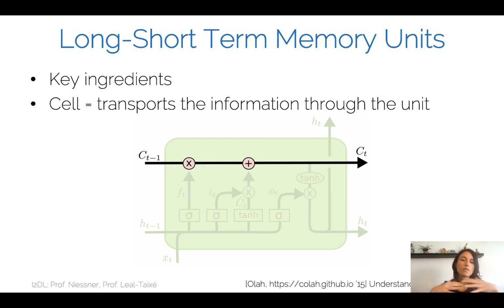So this is sort of a highway for the information, and a highway also for the gradients to backpropagate through this cell state. And all that we're doing to this cell state is adding some information through multiplication and summing. So this cell state is going to be changed based on the information of the current time step.